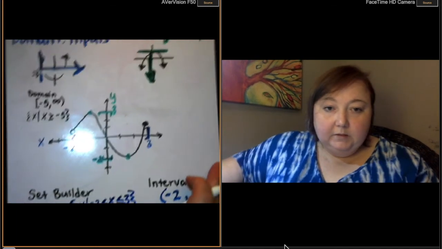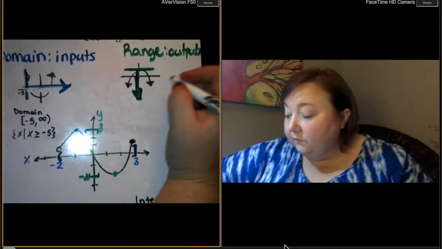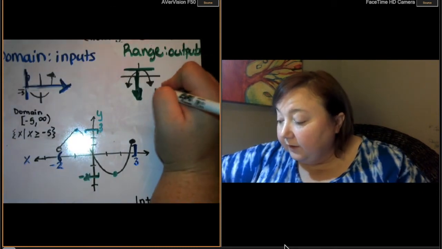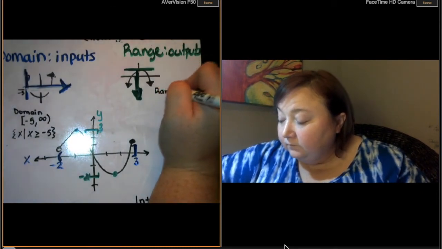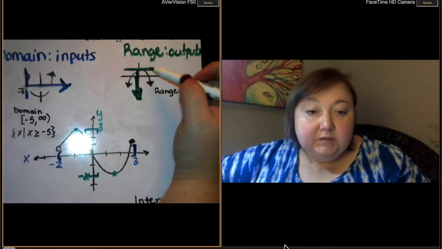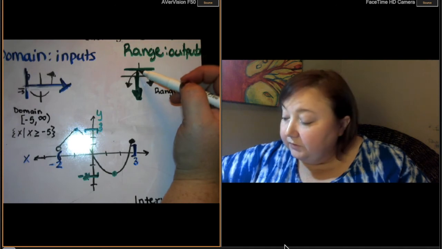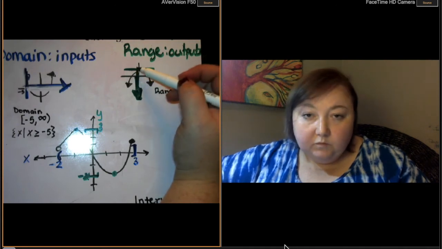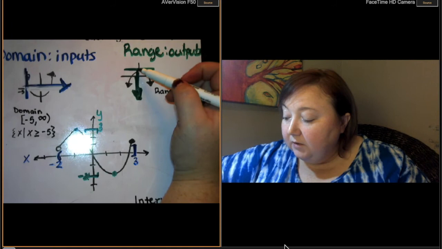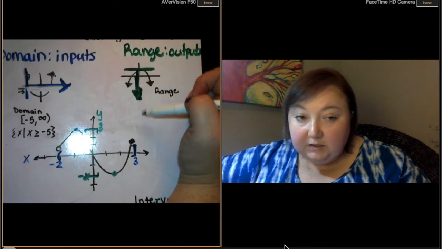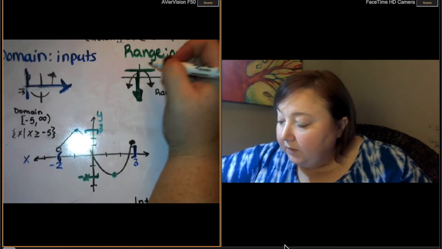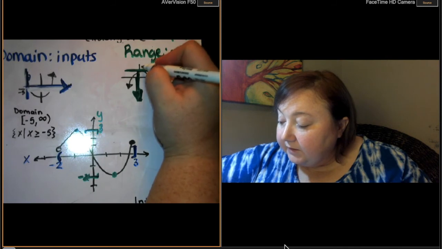Okay. Now let's look at this problem here with range. So again, we're going to look at the range. And we're seeing that the highest that it goes here is up to some number. We'll put something in there in a second, but then it's infinity in the negative direction. Okay, so let's say this number here is a 2.